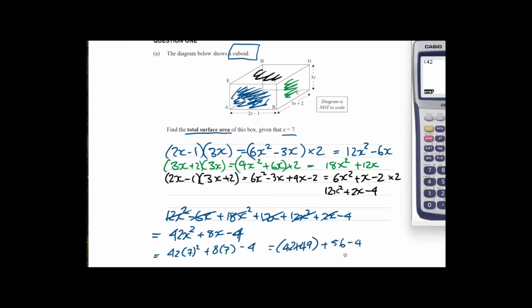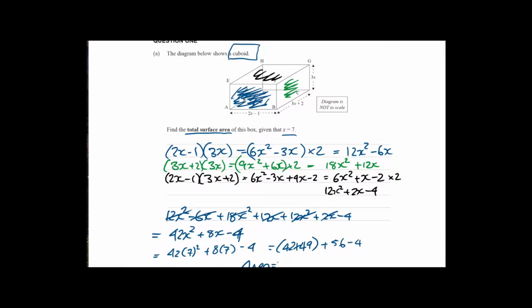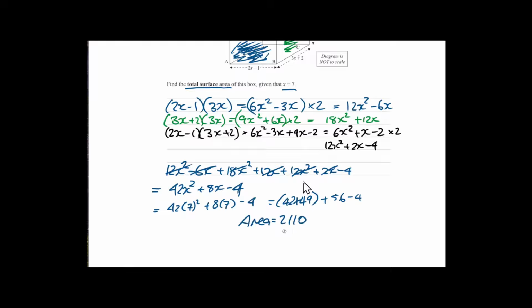So 42 times 49 plus 56 minus 4 is 2110. So the area is 2110. It doesn't tell us the units, so it's going to be units squared because it's area.